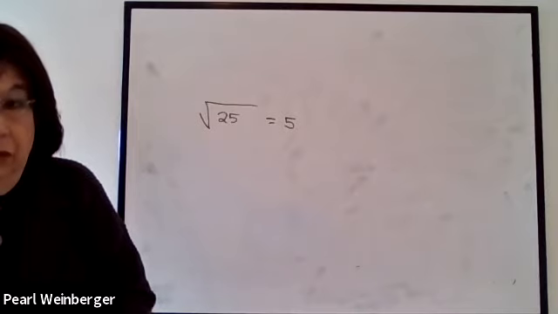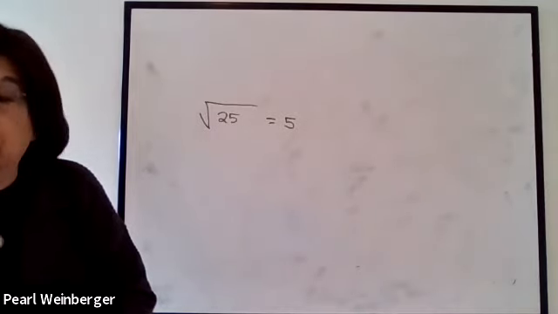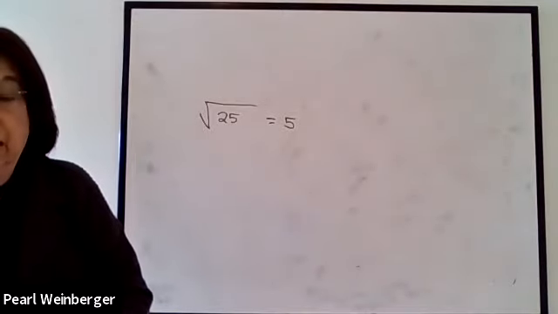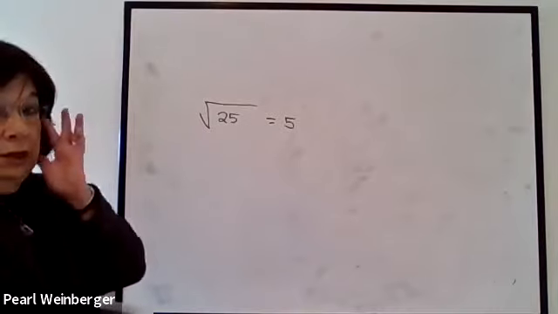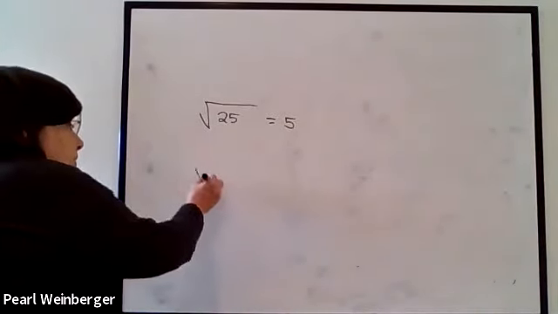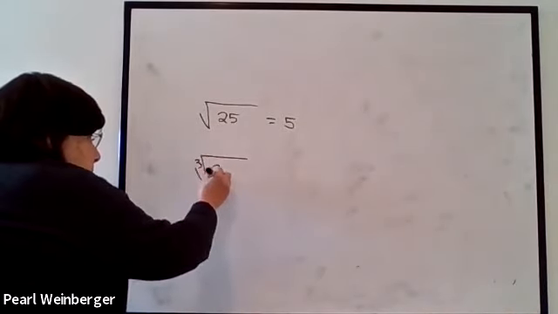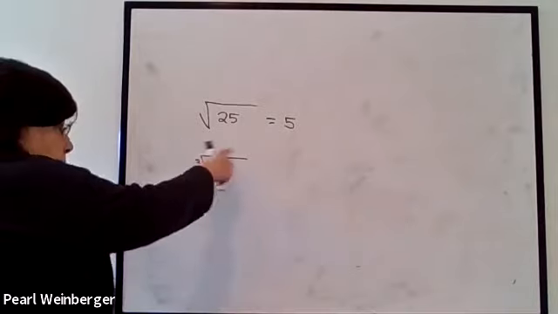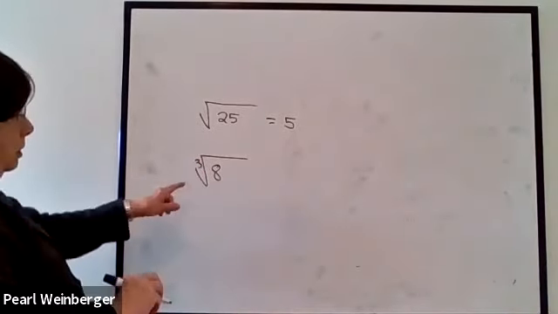So what we're going to be talking about are square roots of numbers. This radical sign actually is not used only in square roots. You might see a radical sign with a little number inside the check mark.